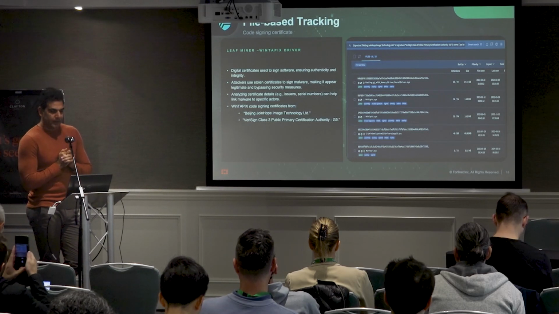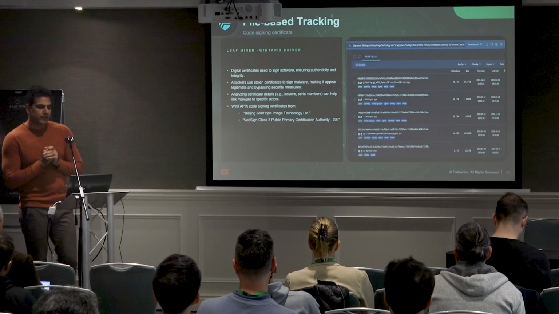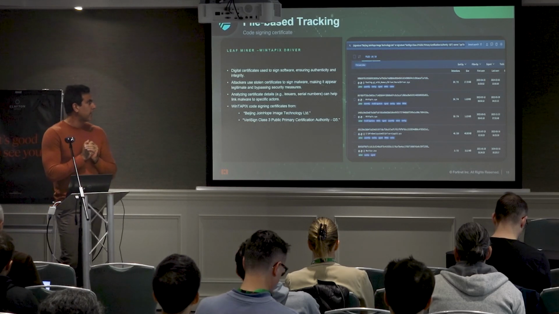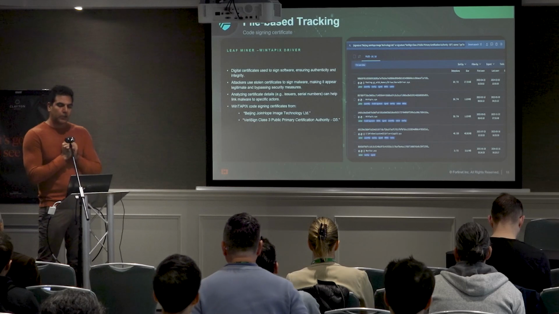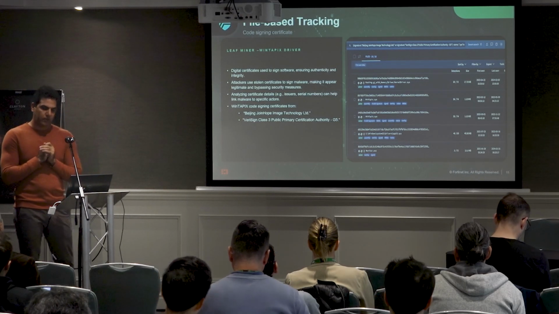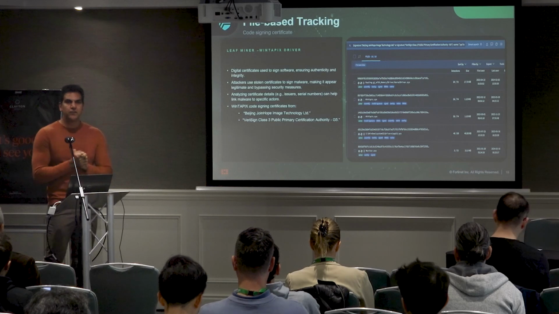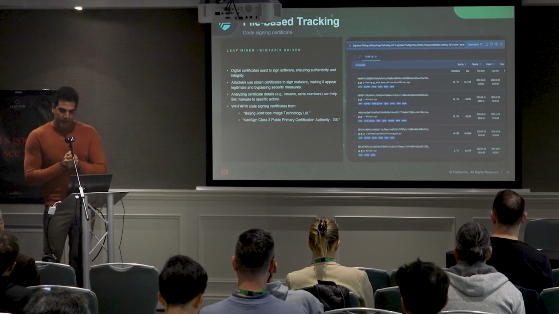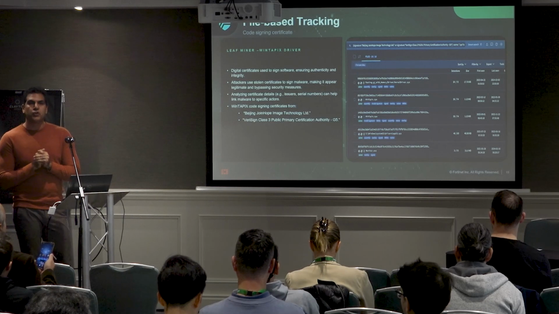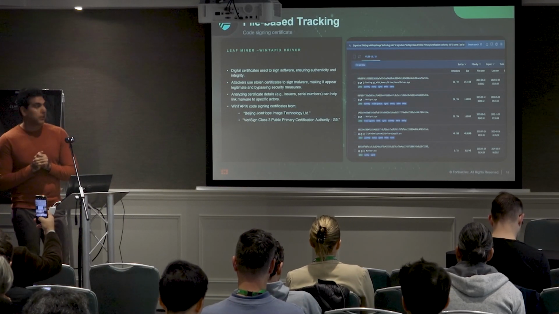Another useful pivoting technique is the code signing certificate. Code signing certificates are digital certificates used to sign software, ensuring its integrity and authenticity. However, attackers can steal those certificates, sign malware, and make it look legitimate. This gives us an opportunity to start tracking threat actors' activity.